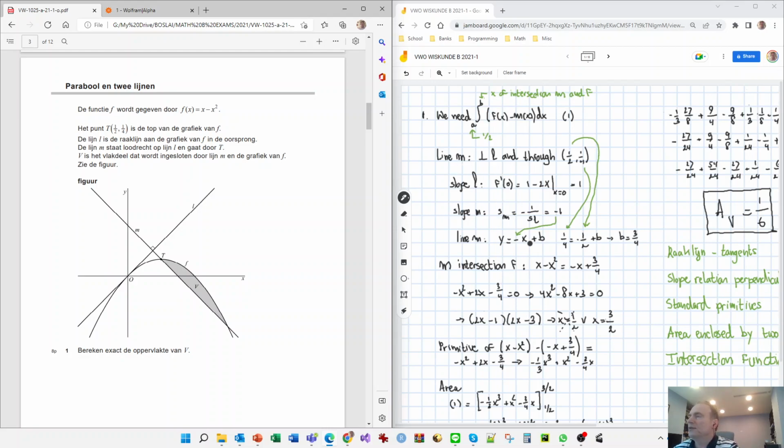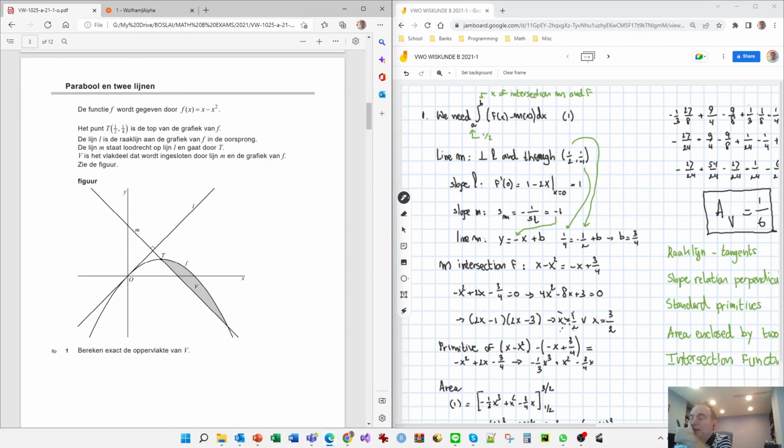I've pre-written the solutions already to save some time. Well, it is perpendicular to L and it has to go through point T here. So use what we know about what makes a line perpendicular to another. If the slopes of the two lines multiply to -1, so the product is -1, then they're perpendicular.